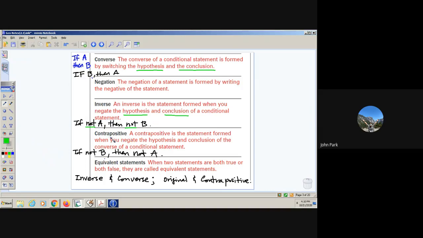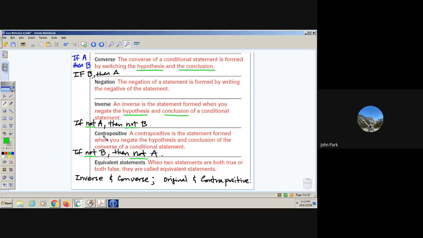Now, the contrapositive is doing both the converse and the inverse together. You switch the hypothesis and the conclusion, and you also put a not in it. The contrapositive of the original statement I made would be: if you are not really smart, then you are not in Mr. Park's geometry class.